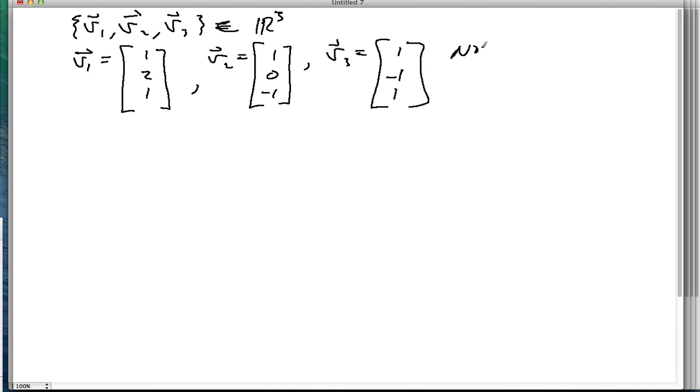And note, I'll put an asterisk up there, that these are orthogonal. So if you dot any two pairs of these vectors, you're always going to get 0.